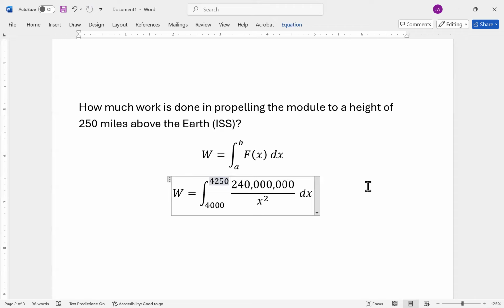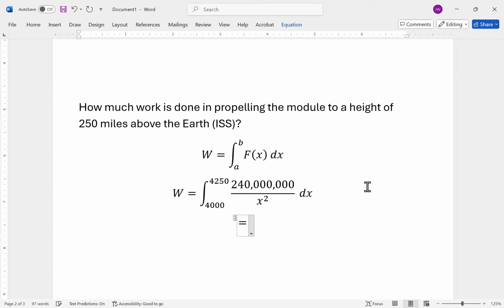So all we do is we integrate from 4,000 to 4,250. Take my force function of 240 million divided by x squared and come up with that number.